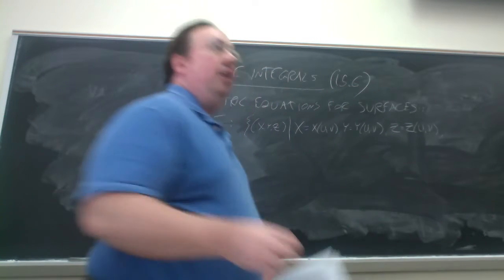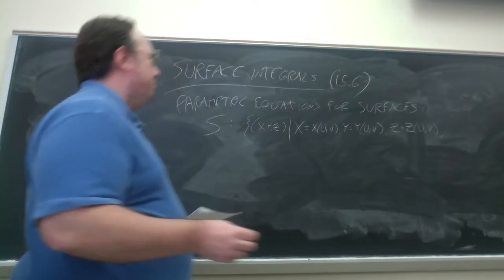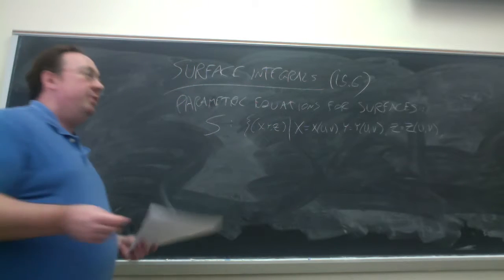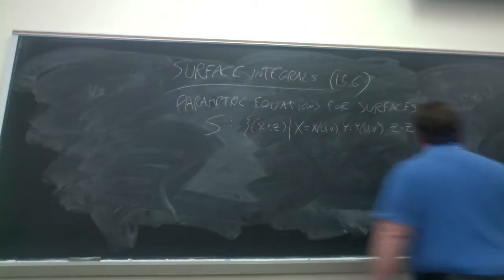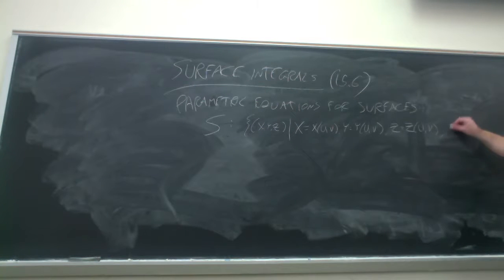And whereas with curves, our parameter t came from some interval from a to b, the next logical step from that is all your points u and v come from some 2-dimensional domain D. So that is a subset of R2.